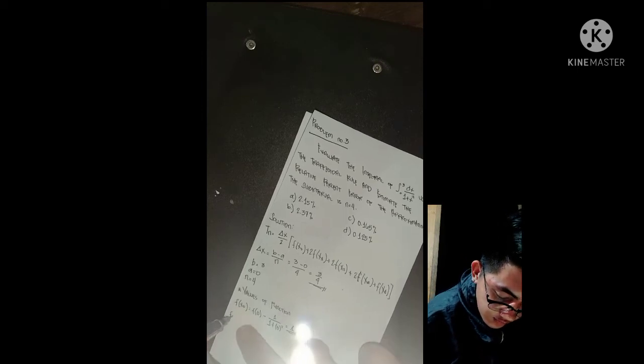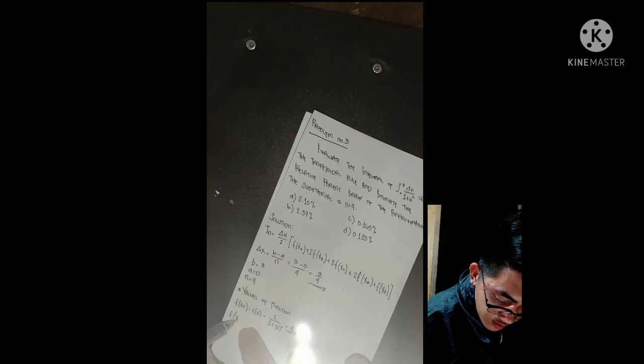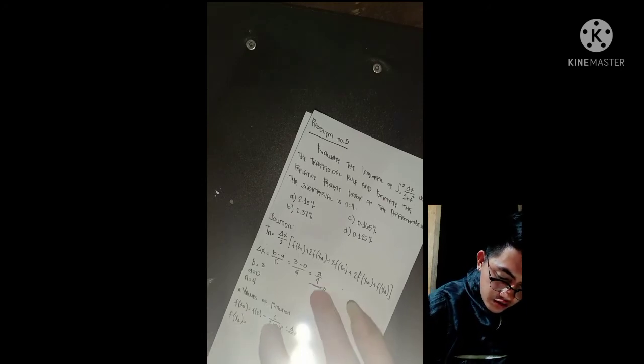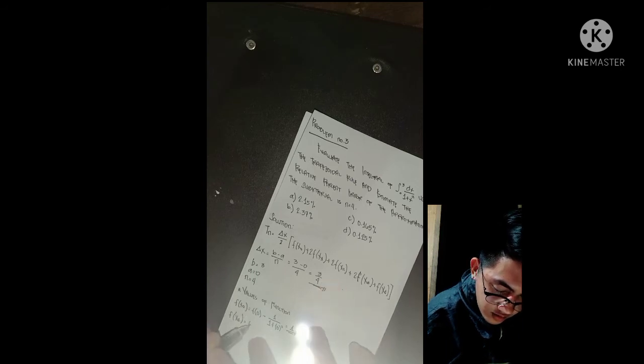Next, the function of our x sub 1. Since our width of interval is 3/4, our x1 is 0 plus 3/4, which is also equal to 3/4.